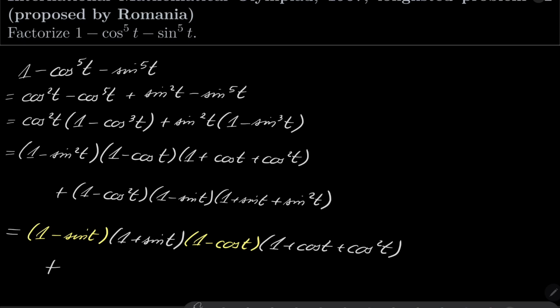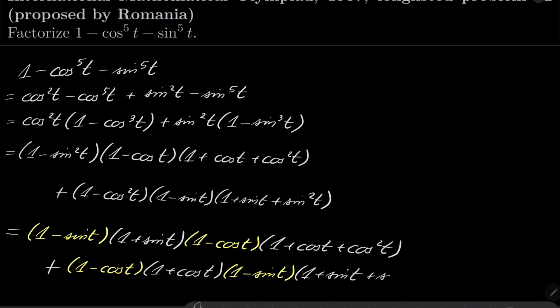And in the second line, I will write 1 minus cosine times 1 plus cosine. Then we'll have 1 minus sine and 1 plus sine squared.